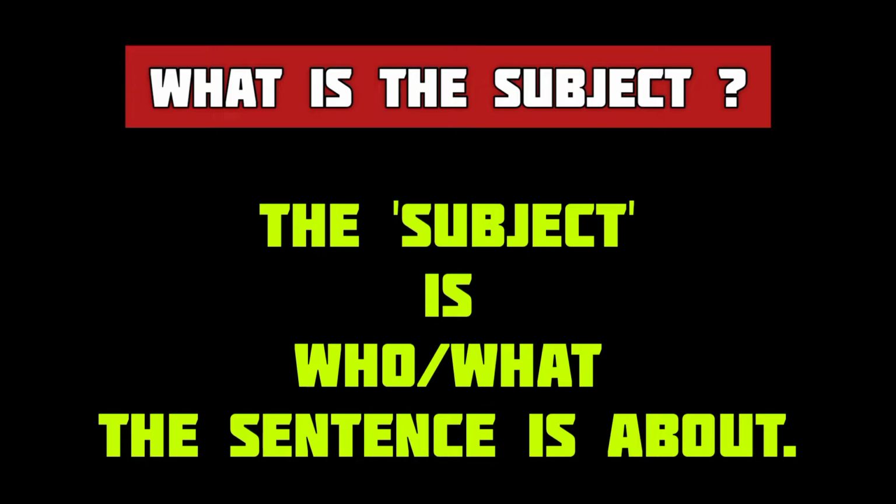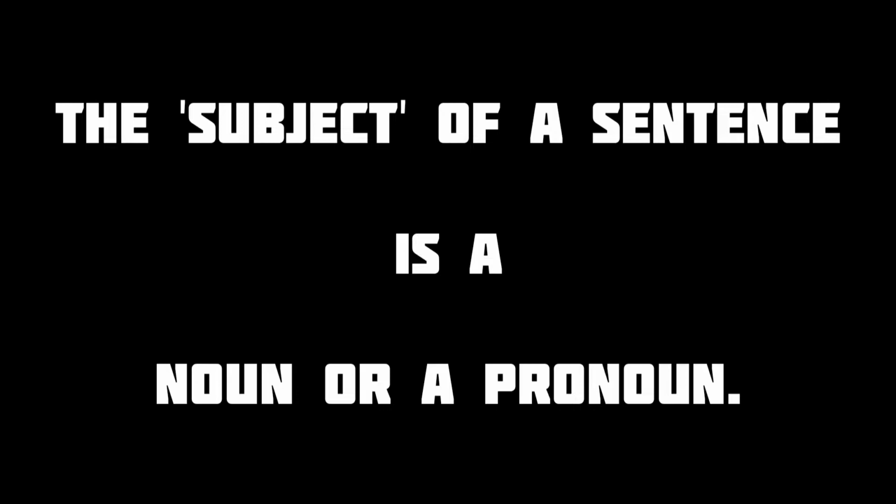Who or what means the person or the thing. So in other words, the subject is the person or the thing the sentence is about. This is the grammatical definition of the subject of a sentence. And remember, the subject of a sentence is always either a noun or a pronoun.